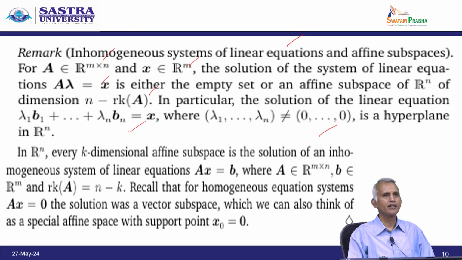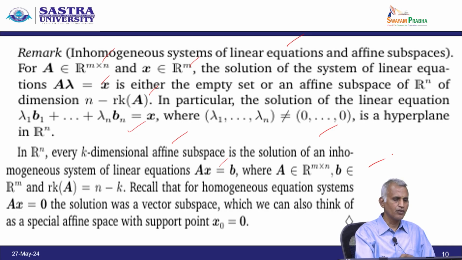So, in R power n, every k-dimensional affine subspace is the solution of an inhomogeneous system of linear equations A x equal to b, where A is in R of m cross n and b in R power m. Therefore, rank of A equal to n minus k.